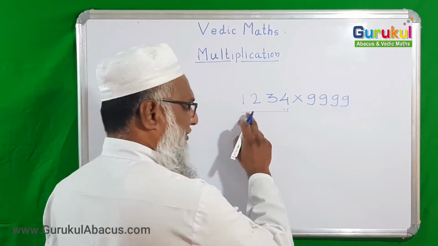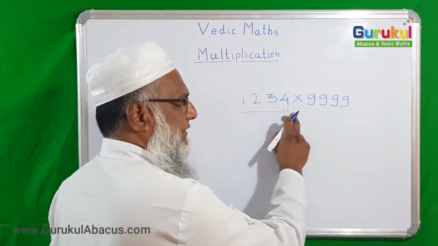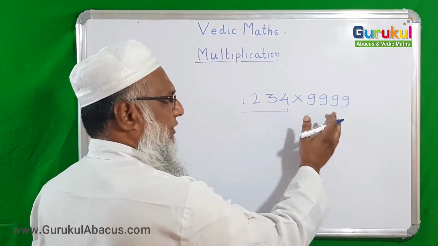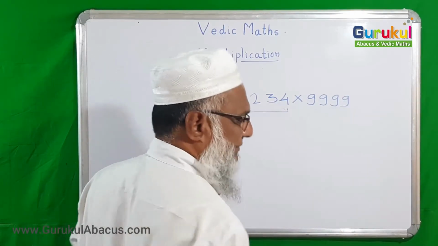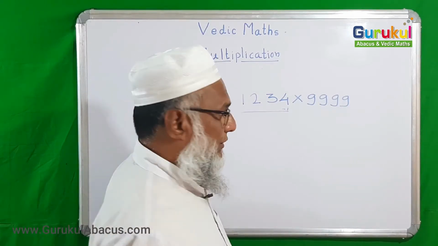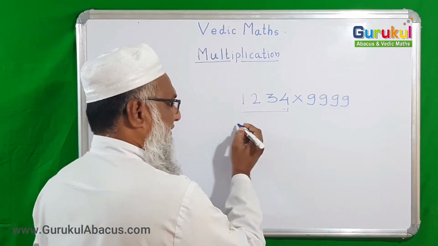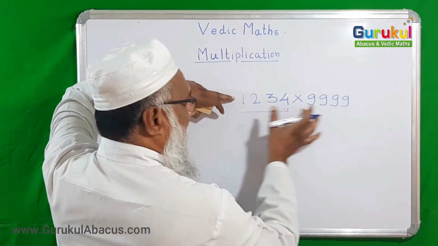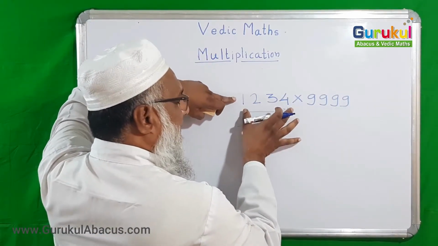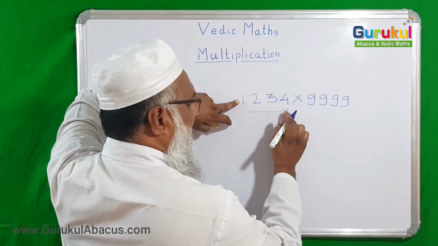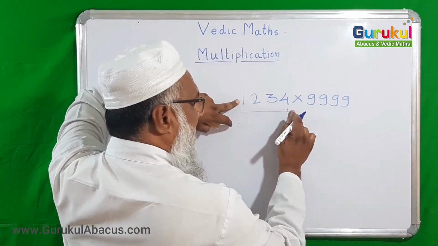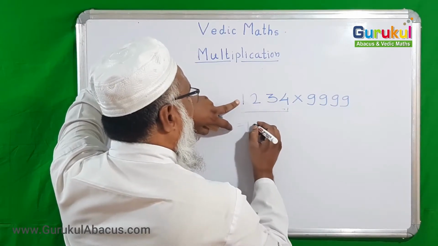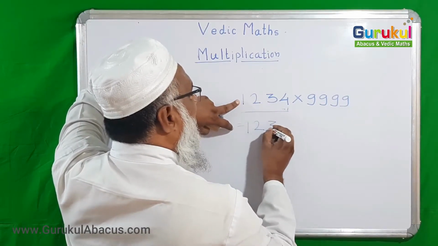One more time we will repeat this example so we will get more understanding. This is a 4-digit number and this is the 4-digit greatest number. In this situation, to find the product, write the number apart from the greatest number as it is, just subtracting 1 from it. So from the first number I am writing 1, 2, 3, 3.